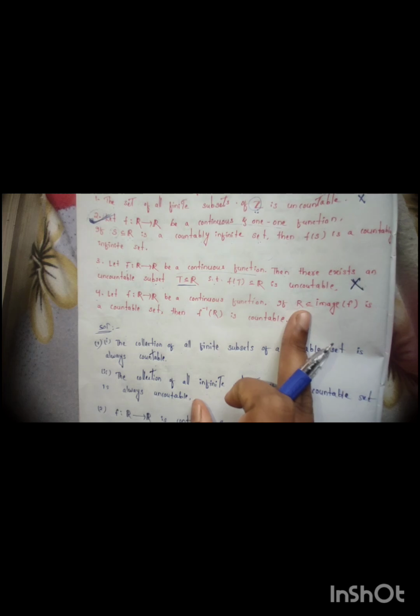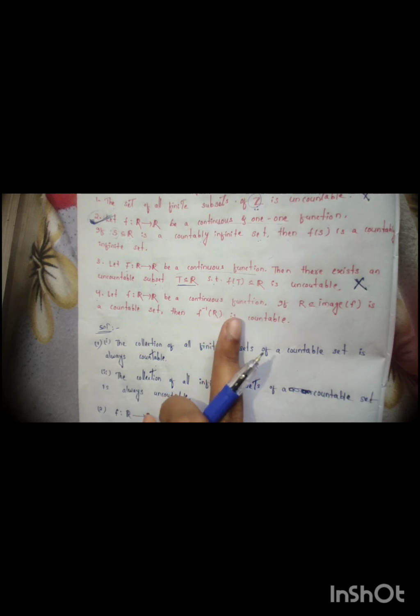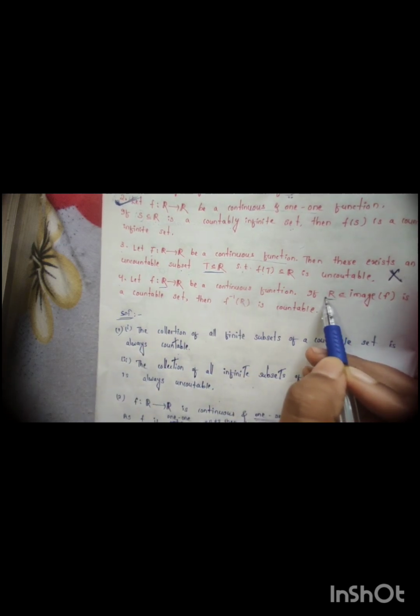So let's see the last option. Let f be a function from R to R, a continuous function. If R is a subset of the image of f which is a countable set, then f inverse of R is countable. Here R is not the real numbers, it is a subset of the image of f.